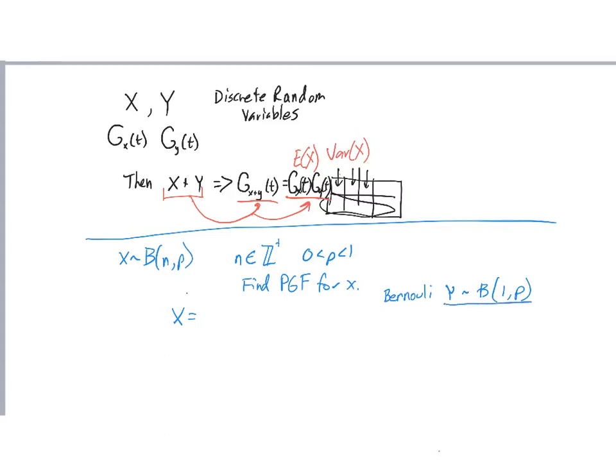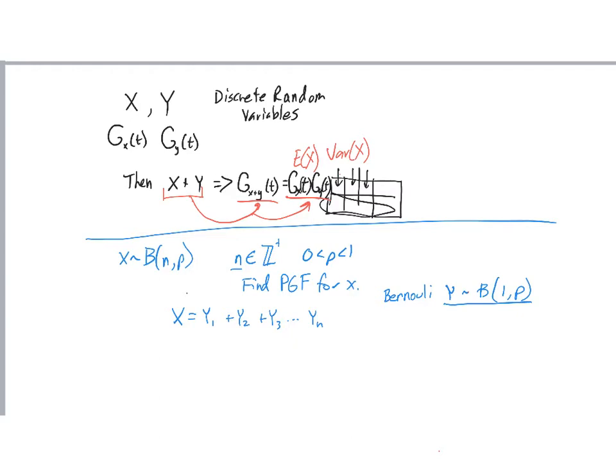So X is the first Bernoulli plus the second Bernoulli, a combination of all the Bernoullis all the way up to n Bernoullis. It could be as many Bernoullis as I want, because that's all a binomial is.